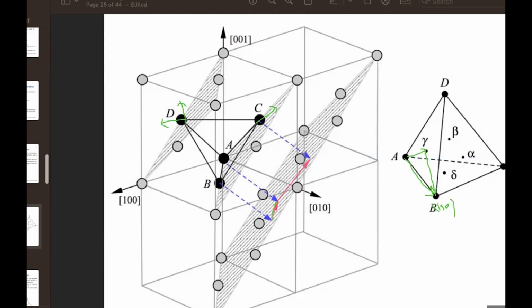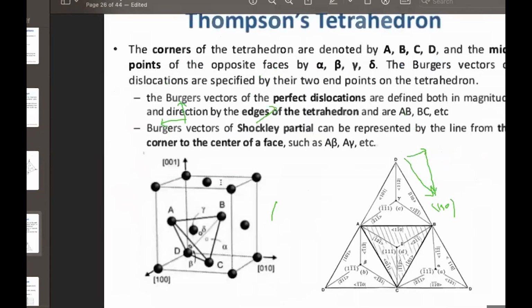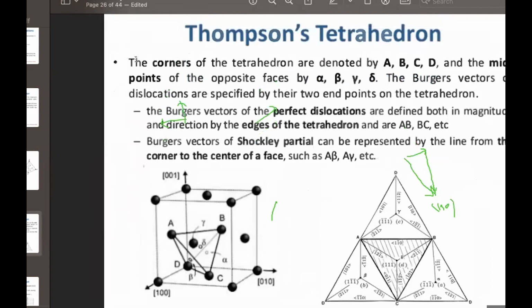So this is the representation. We have Greek letters and we have full letters. So the corners of the tetrahedron are denoted by A, B, C, D. So if you wrap up all the 4 planes, we come up with alpha, beta, gamma, and kappa planes in one tetrahedron. So this formation is very real.